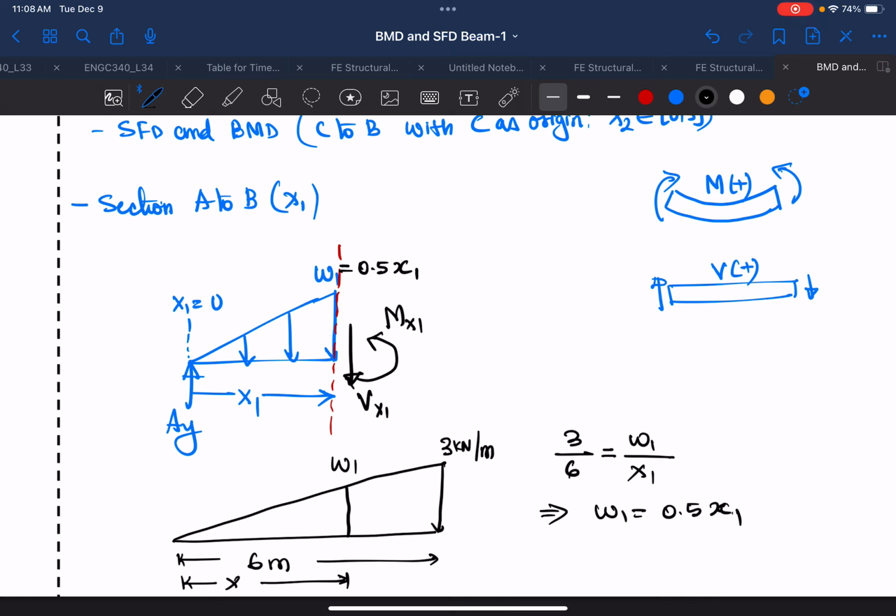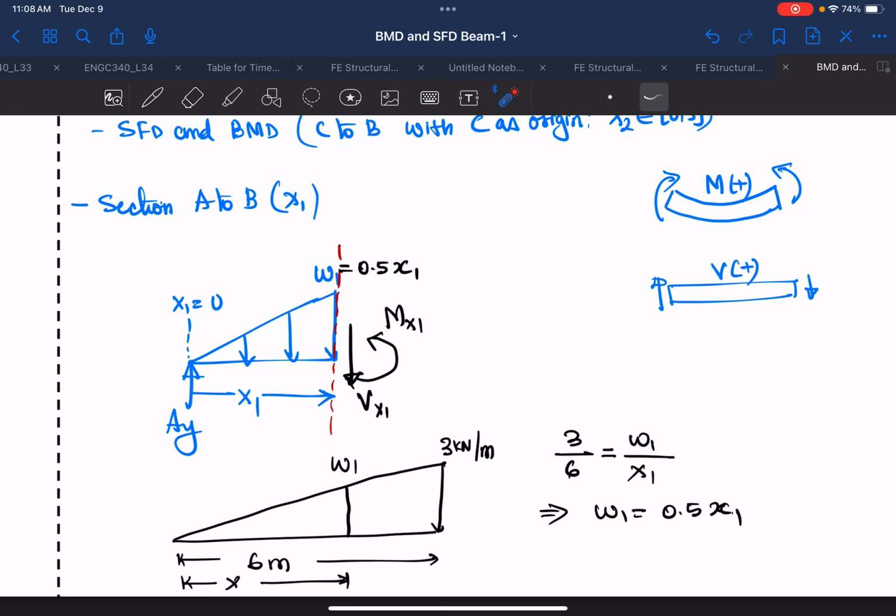W1 at x1 equal to 0 will be 0, and W1 at x equal to 6 will be 3 kilonewton per meter. Okay, so that's how we find all the variables for your section AB.